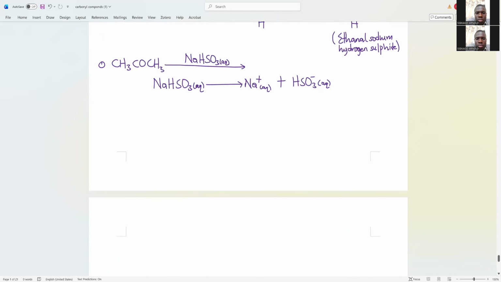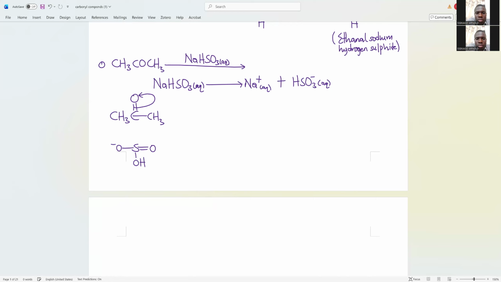Then I expose my functional group properly. The carbon to oxygen double bond is polar, so oxygen takes. Carbon becomes electron deficient. Then I bring my hydrogen sulfite. From bonding, the ion has this structure.